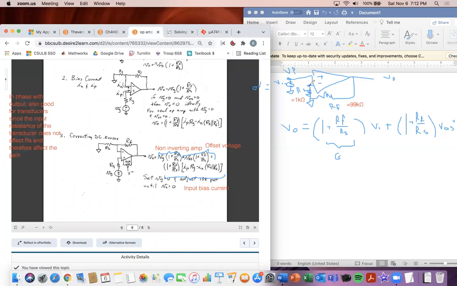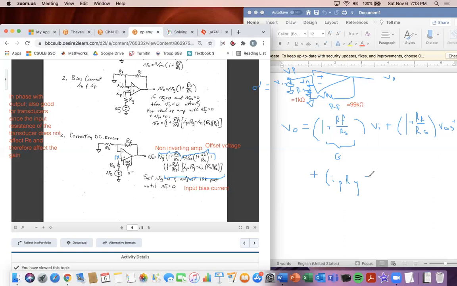And so when I'm doing this for adding, it's going to be I of P times the R G, and that is the bias current coming into the positive terminal times the resistor from the source, because you have a source resistor here when you have input bias currents. So that's accounting for the source.